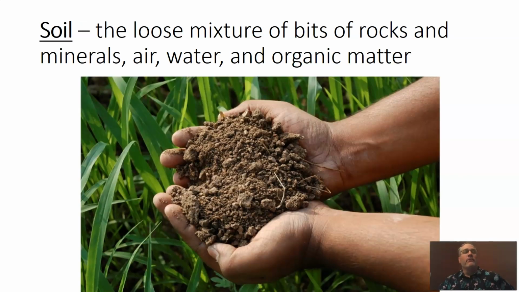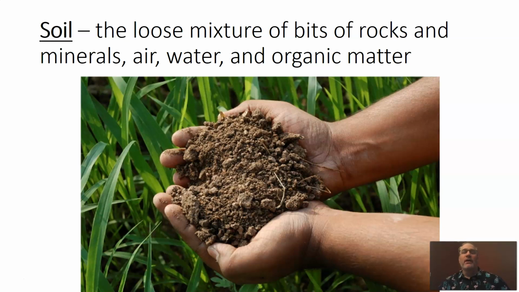And when we look at soil, and we said there were 5 parts to soil last week, we know that we have this mixture of rocks and minerals, the stuff that's produced from rocks via weathering. We have air and water, but we're also going to need to look a little bit more at this stuff called organic matter. What does that even mean?